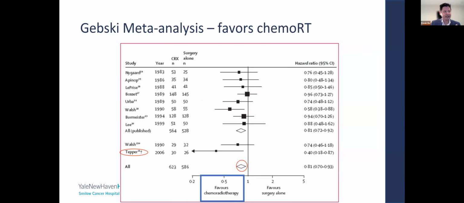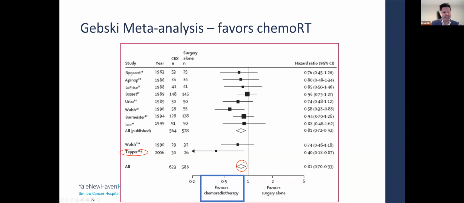Since the 1980s, there have been many clinical trials looking at this, and this was put together in some nice meta-analyses a few years ago. As we look down the unity line here, many of these trials of chemoradiation before surgery suggest a benefit, but not necessarily a statistically significant benefit.